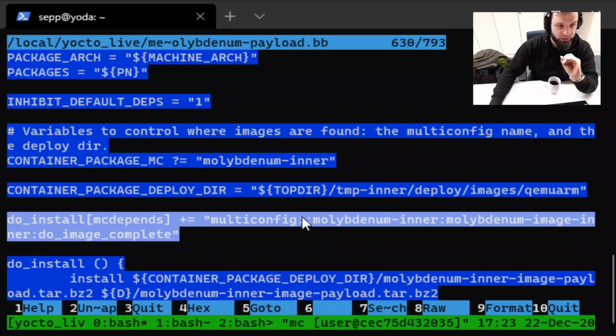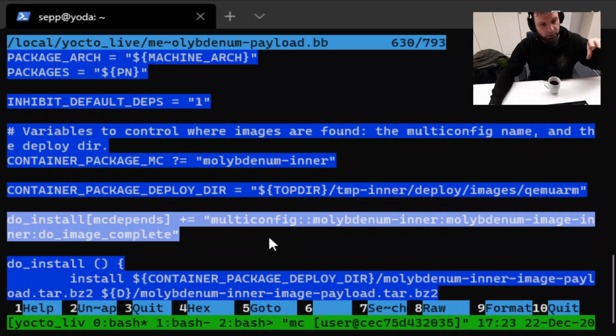Here, in between those two colons, we could say multiconfig outer, or it's implicit because the payload recipe only gets installed in the outer payload. And it depends on the inner payload, package or recipe? I don't know. One of those. I think the recipe. It must be the recipe. Yeah. The recipe and the task of the recipe that we want to be done.